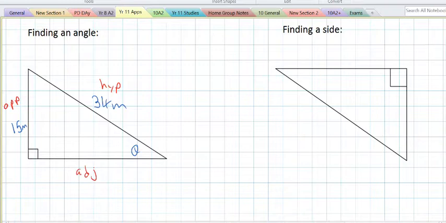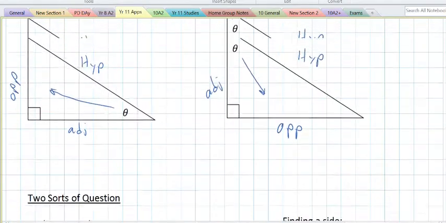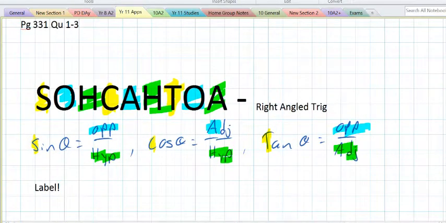Now, the question is, which one of SOHCAHTOA do we use? And we answer that by looking at the sides we know. So we know the opposite and we know the hypotenuse, so we know O and H. We can look up to SOHCAHTOA and see that the one with O and H here is sine.